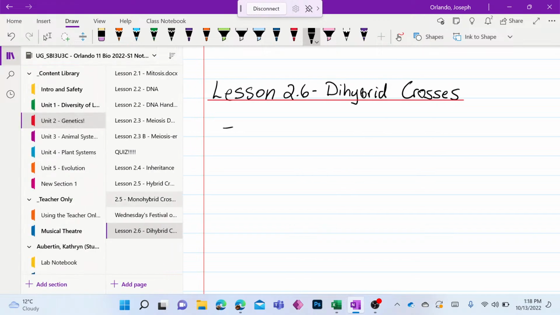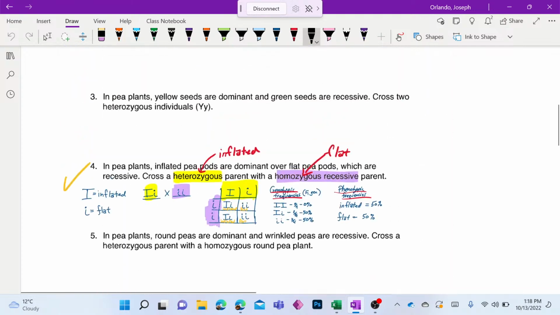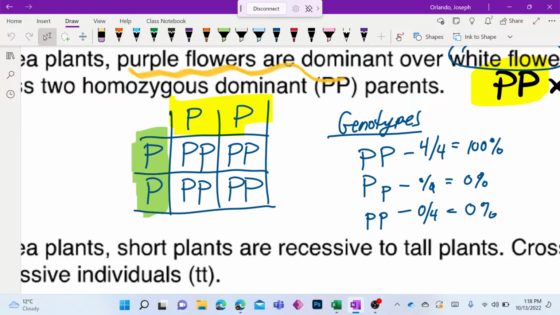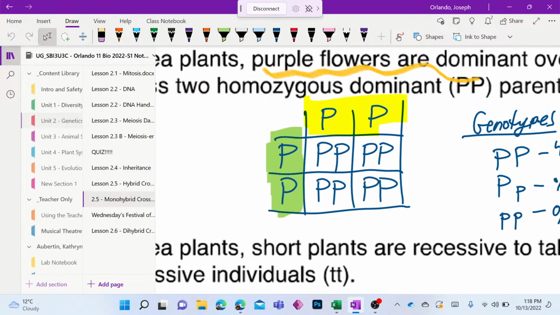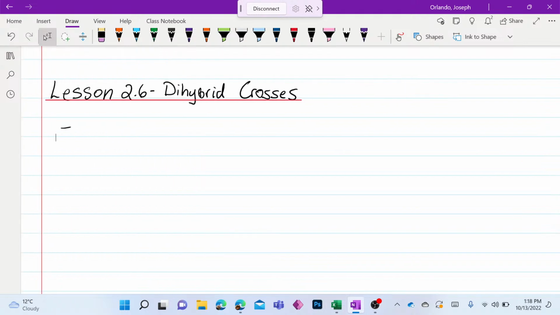Previously, we did monohybrid crosses. What tool did we use to track the traits that get passed on in a monohybrid cross? A Punnett square. So today we're going to look at doing a similar thing, but instead of just looking at one trait, two. It's called a Punnett square, but it's a bigger one. If you want to call it something else, I totally support that, and I might even join in.